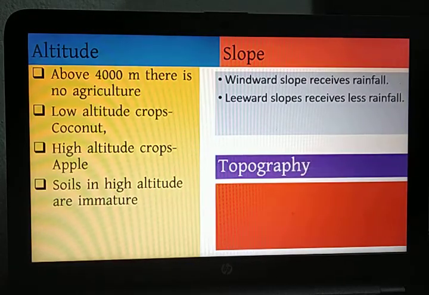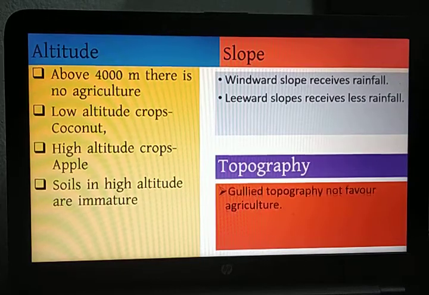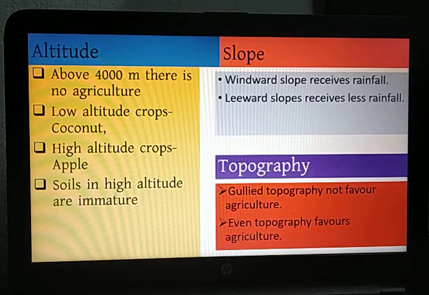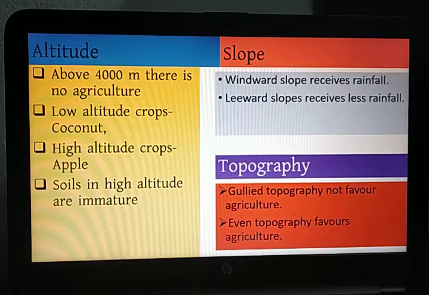Next component of relief is topography. Naturally, gully topography does not favor agriculture, but even topography favors most types of agriculture. Gully topography means the soil of such topography is always prone to erosion. That is actually badland topography.